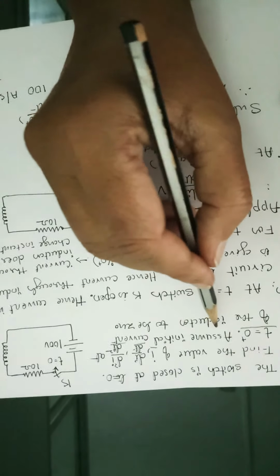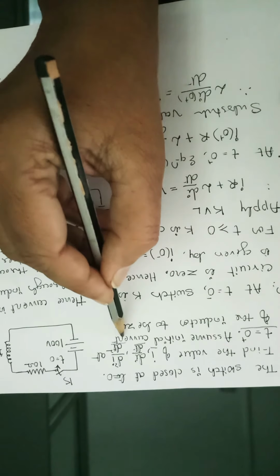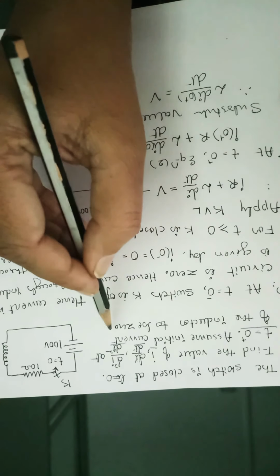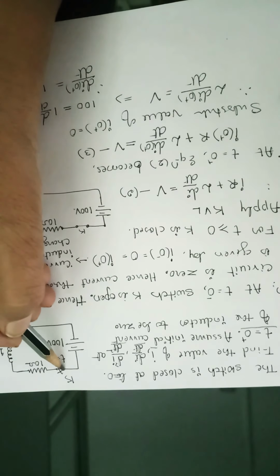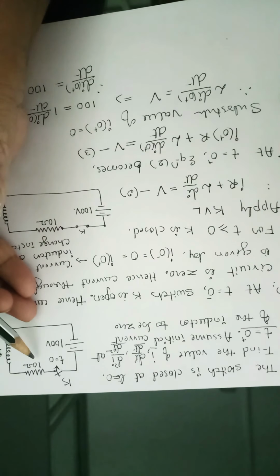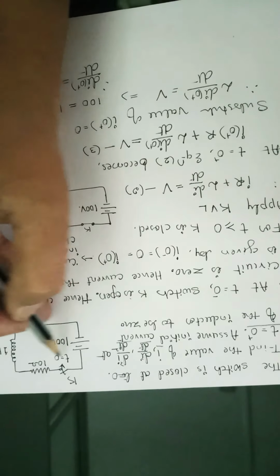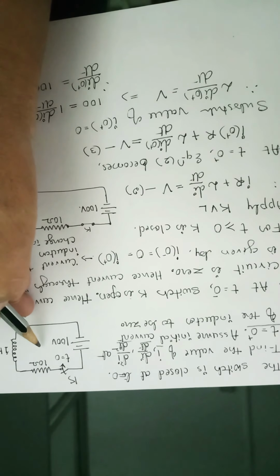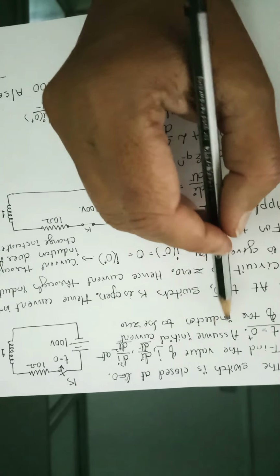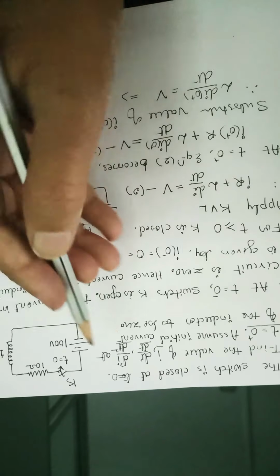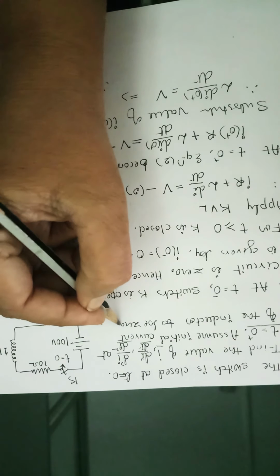Here, assume the initial current of the inductor to be 0. This is because the switch was open for a long time, so the current in the circuit is 0. Thus, the current in the inductor is considered to be 0.